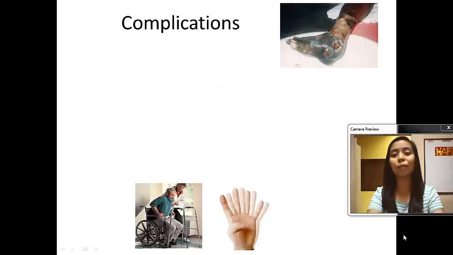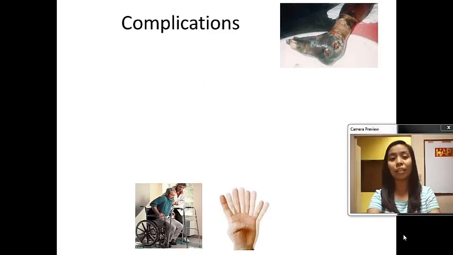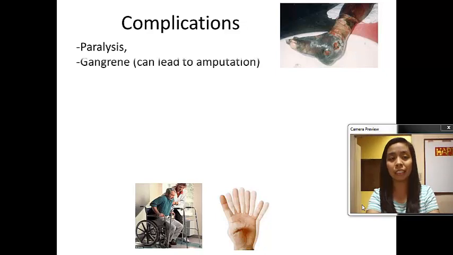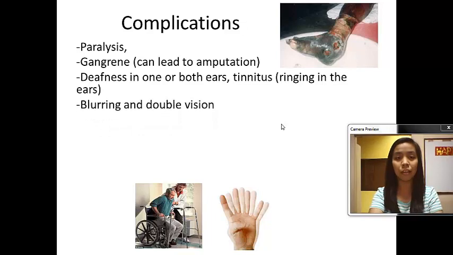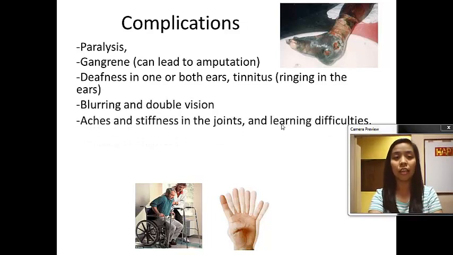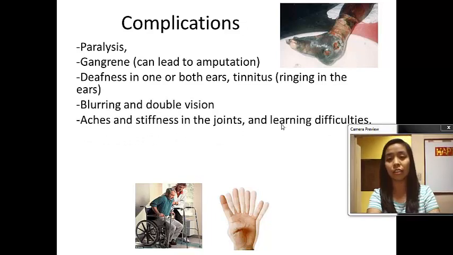Meningococcal meningitis can cause death or other serious complications such as paralysis and gangrene, as you can see in this picture, which can lead to amputation, deafness in one or both ears, tinnitus or ringing of the ears, blurring and double vision, aches and stiffness in the joints, and learning difficulties.